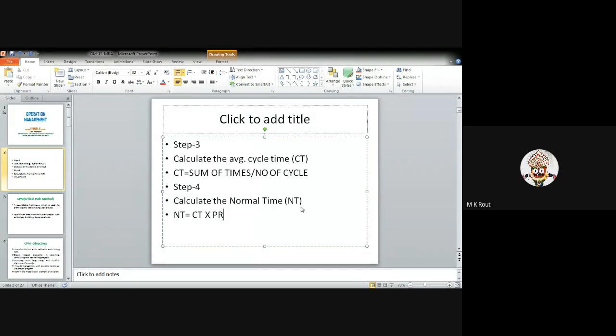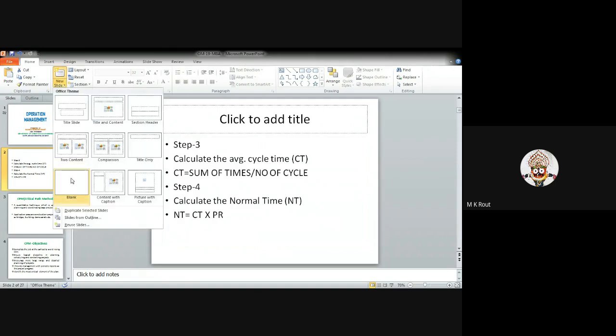In brackets write down that PR stands for performance rating.